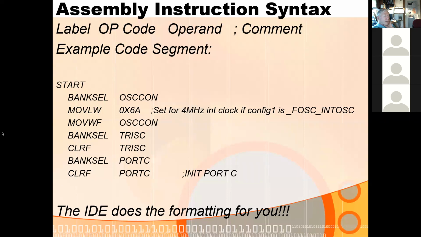And then the next instruction, MOVWF, is going to take what's in the W register and put it into the file register that you specified. And here we specified OSCCON. So that's going to program OSCCON to run on the internal clock at a rate of 4 megahertz. Then we're going to banksel the TRIS register and clear it, banksel port C and clear it.